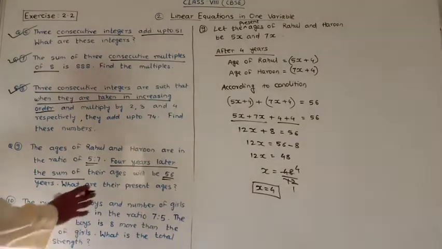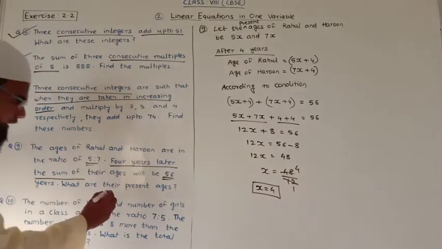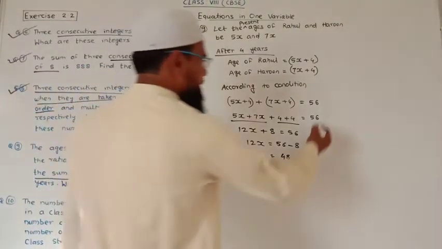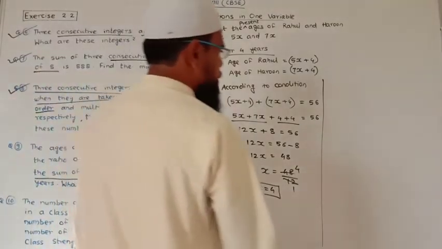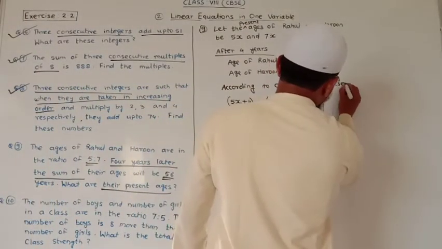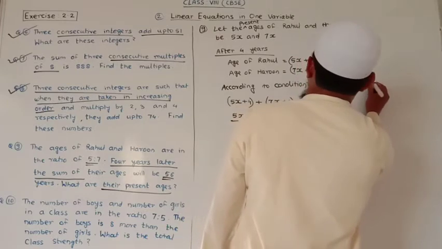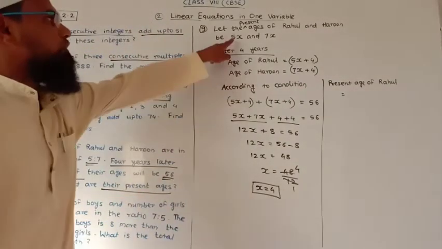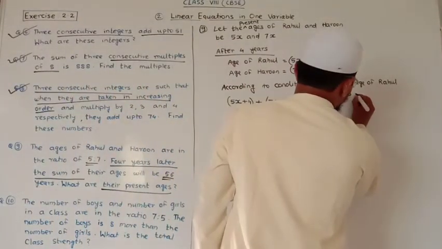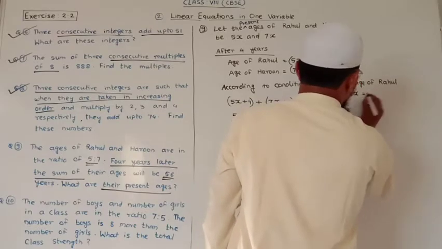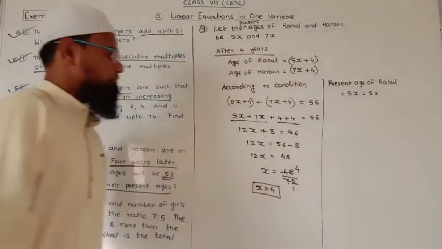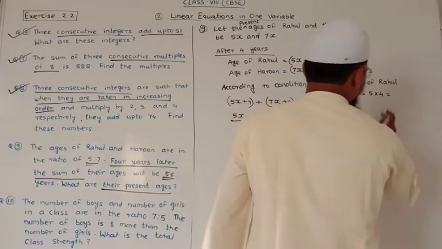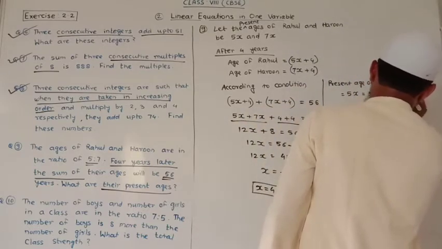Now we have to find the present age of Rahul and Harun. So we can write here, present age of Rahul is equal to 5x. So 5x is equal to 5 into the value of x, 4, which is 5 fours are 20 years.